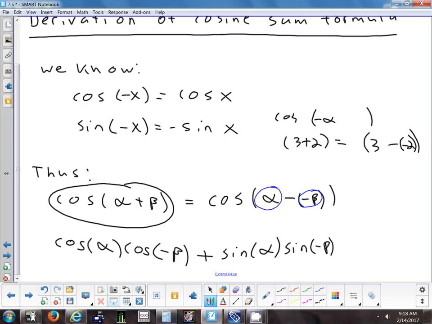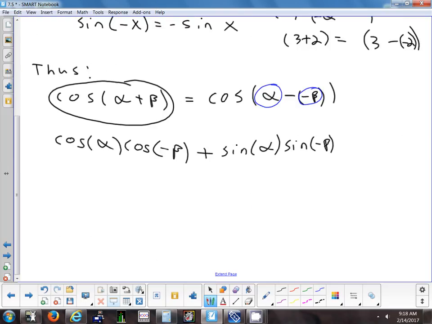So the cosine difference formula is cosine first, cosine second, plus sine first, sine second. That's how you do it. Now, in this first thing, is there anything that I mentioned earlier that we could simplify? You can simplify cosine of negative beta to just cosine of beta. Cosine alpha stays the same, but cosine negative beta, you can just write as cosine beta. The negative doesn't make a difference.